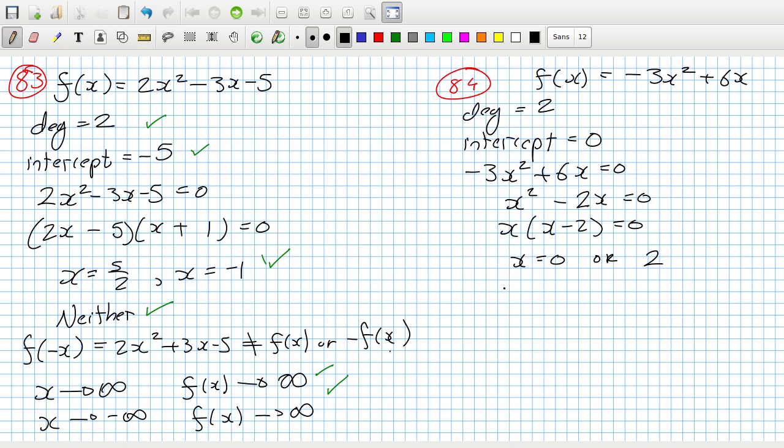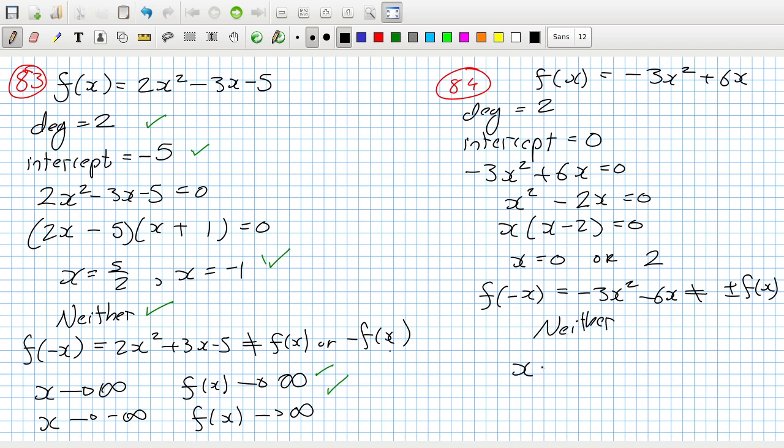Is it even or odd? Let's find out. f of minus x would equal minus 3x squared minus 6x, which does not equal either f of x or minus f of x. So again, it's neither.